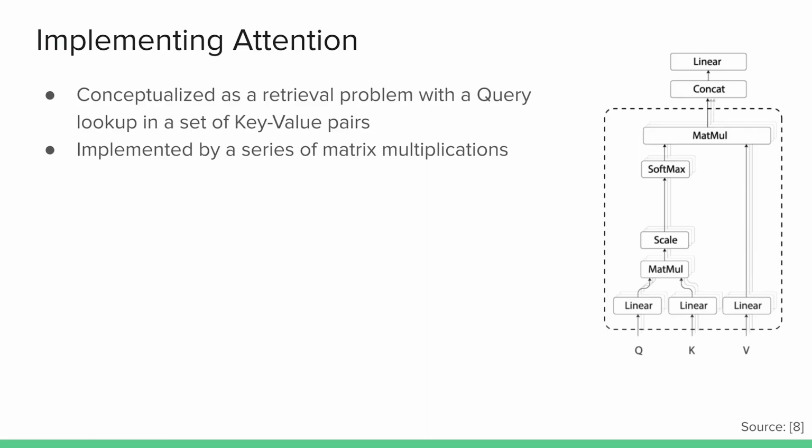If we have them, we can do a lot of wonderful things with them because we now understand how words relate to each other. How we implement this is by first conceptualizing this as a retrieval problem. So a retrieval problem we can formulate by three inputs: a query, a key, and a value.